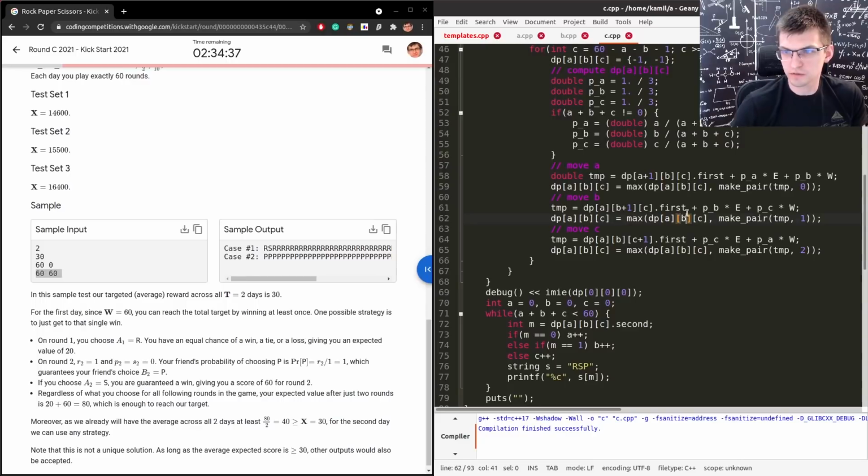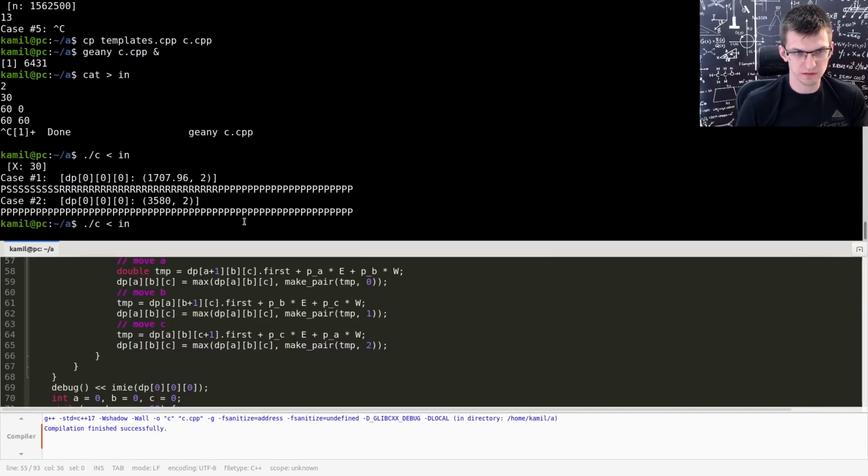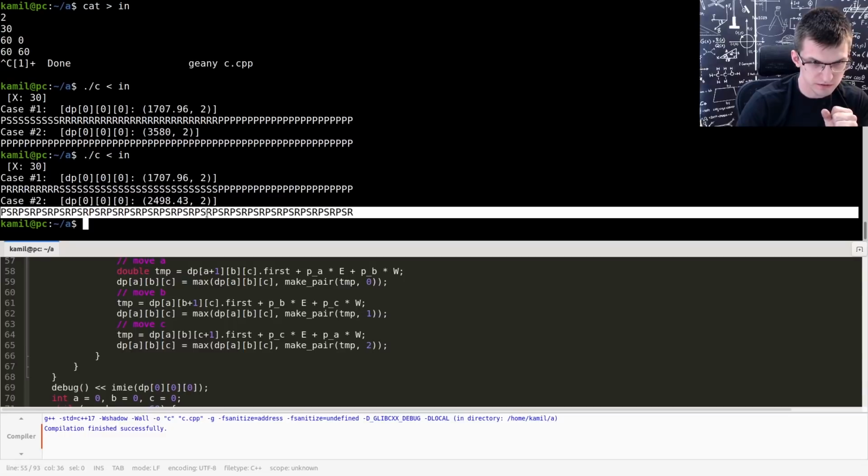I don't think that's what we should do. His probabilities, yeah, he will move A a lot if I moved B a lot. I think those should be the probabilities. Now, paper. And I will use rock a few times, then he will start using paper all the time. I use scissors.